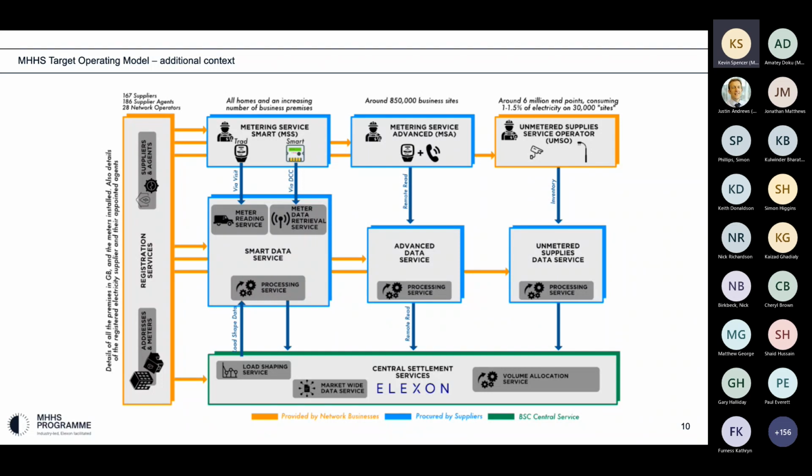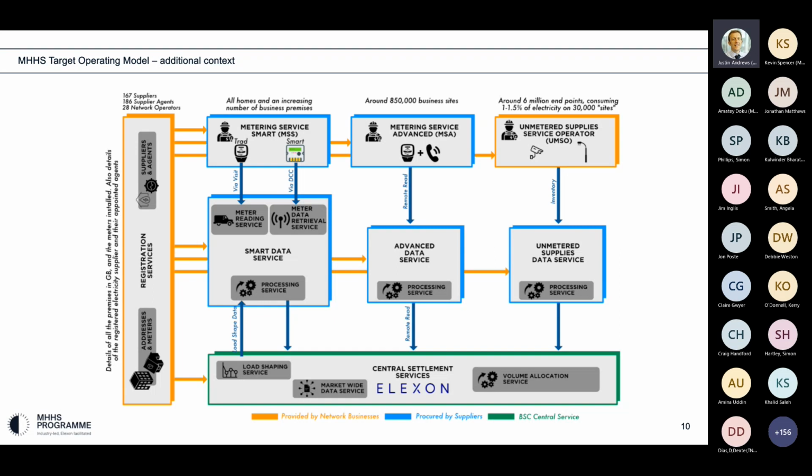The calculations for GSP group correction factor are set out in the volume allocation service method statement. We have things called consumption component classes at the moment, which differentiate metering systems by whether the data is actual, estimate, import, export, losses, just to name a few.